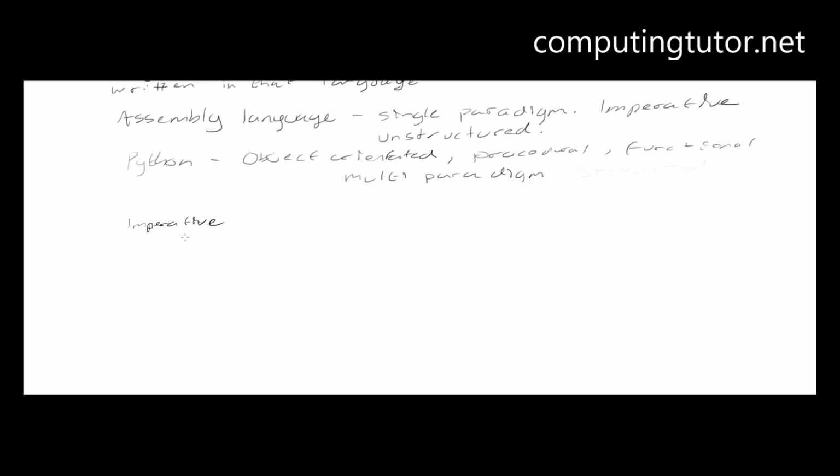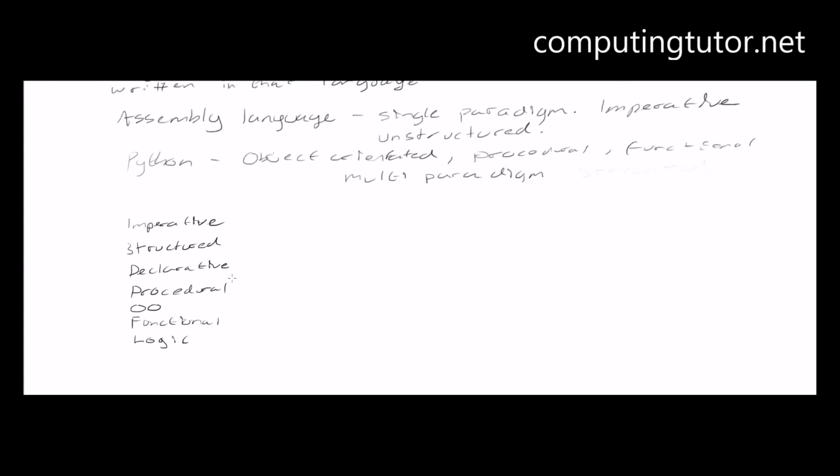So we've got imperative, structured, declarative, procedural, object-oriented, abbreviate that to OO, functional, and logic. And there are more programming paradigms. That's just a few and I'm going to be going into more detail about these different programming paradigms in future tutorials. But for now, I'm just going to give you a brief idea of what some of these are.